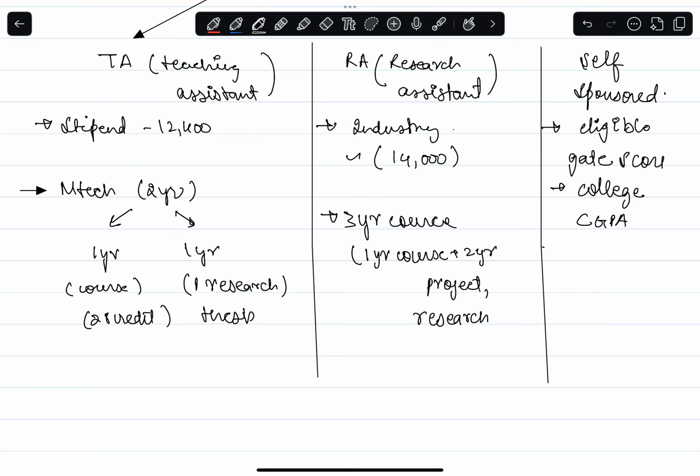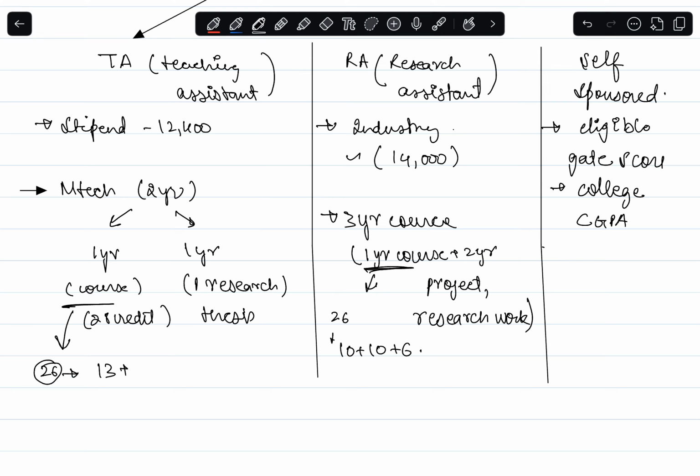In the first year coursework, RA can split the 26 credits, for example into 10 and 16. Whereas in TA we don't have any flexibility of splitting the 26 credits. We have to complete it by 13 plus 13, or any other combination, so that we can satisfy all the requirements for the course curriculum.